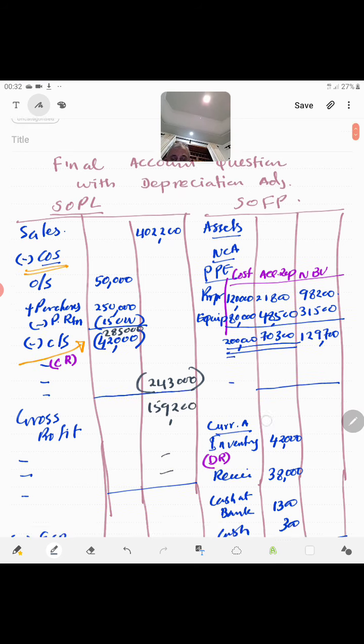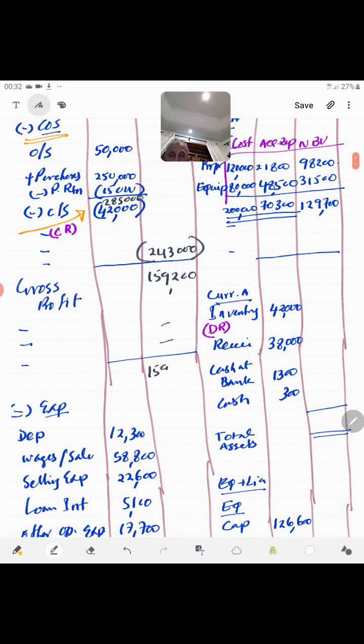No other income, so the gross profit is still 159,200.